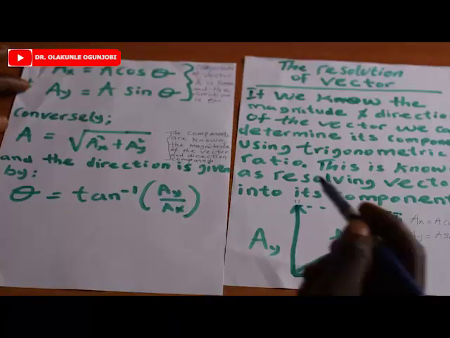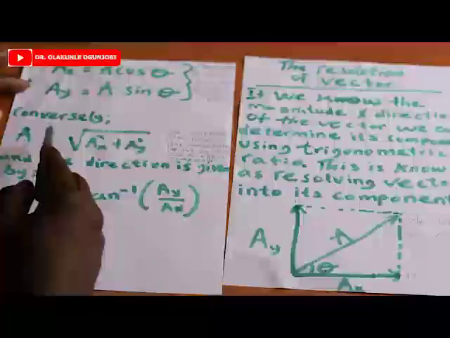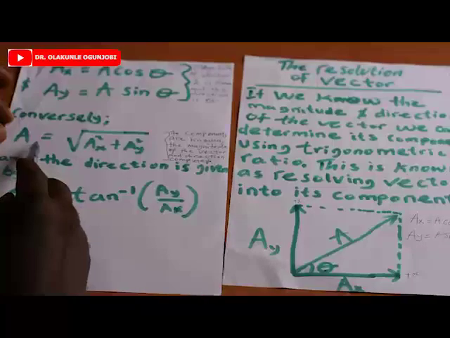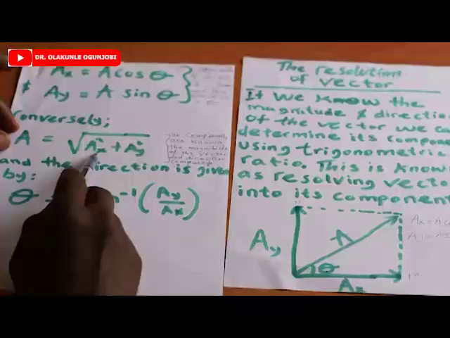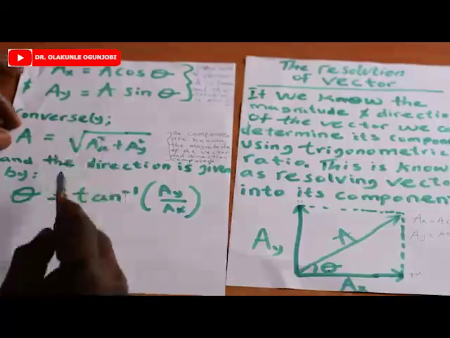Conversely, you can have A, which is vector A, equals the square root of Ax squared plus Ay squared.